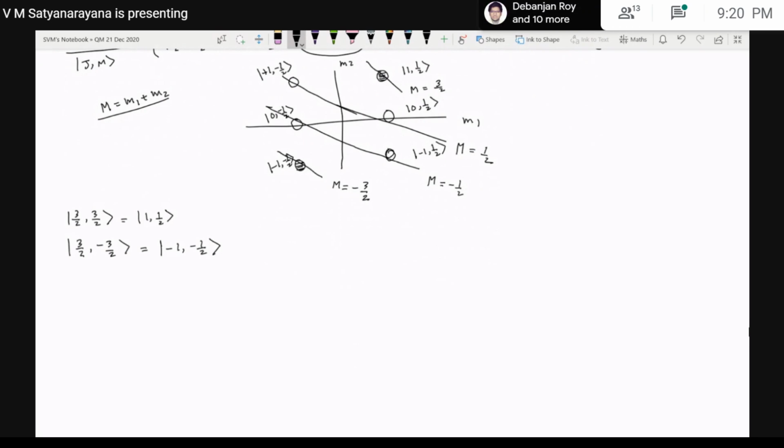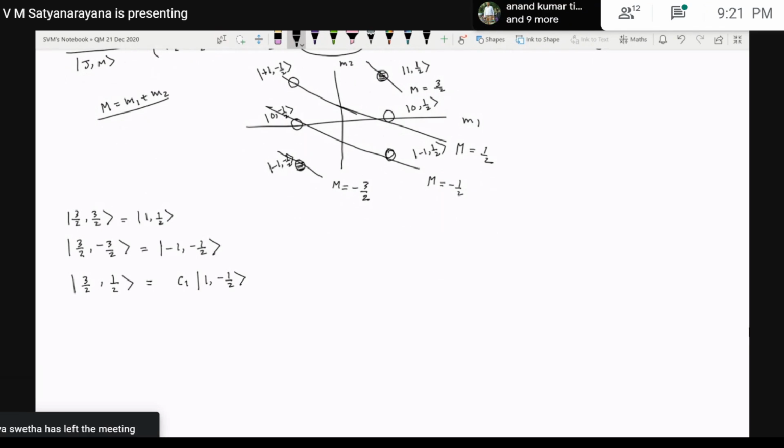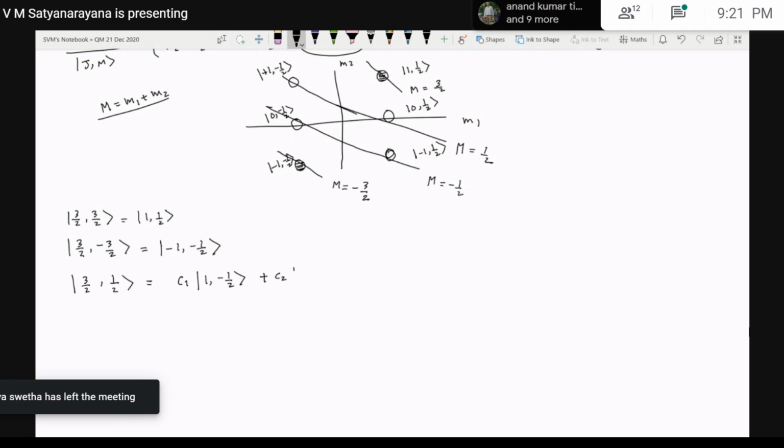So what are they? For example, suppose I want 3 by 2 comma half. So 3 by 2 comma half is, let's say, some C1 times 1 comma minus half plus C2 times 0 comma half. This is what it is.